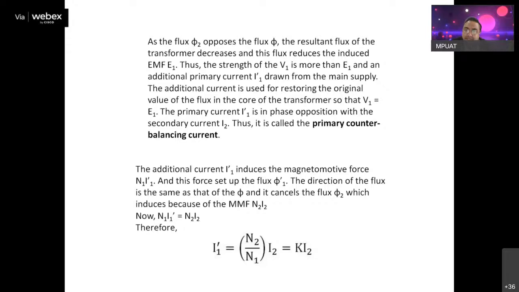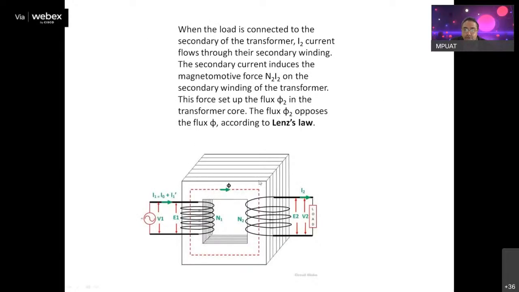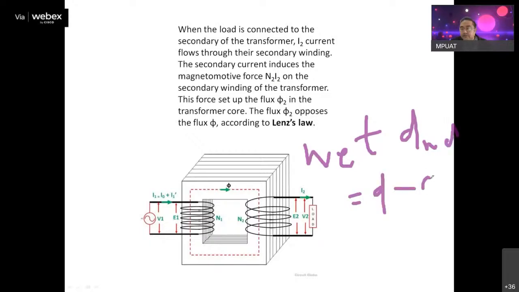The resultant flux will decrease, and due to the decrease in this flux, the common flux is reducing, therefore the EMF E1 will also reduce. Look at this E1 here. Now how do we calculate it? Let me explain. When you connect a load, the net flux, let it be phi net, will be nothing but phi minus phi2.